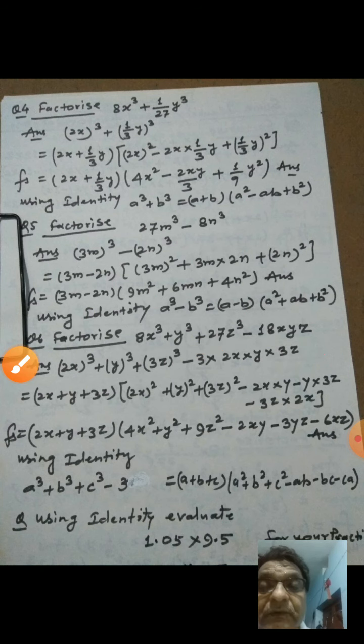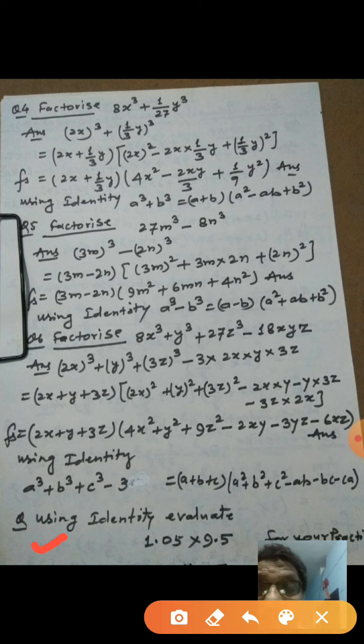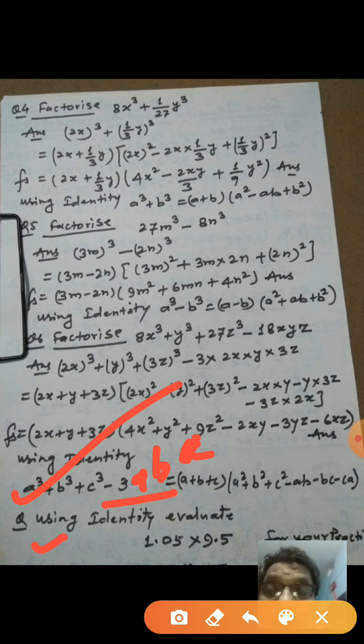So such a question, when you have to factorize, then recall this identity here: a cube plus b cube plus c cube minus 3abc. So this identity is actually a cube plus b cube plus c cube minus 3abc.